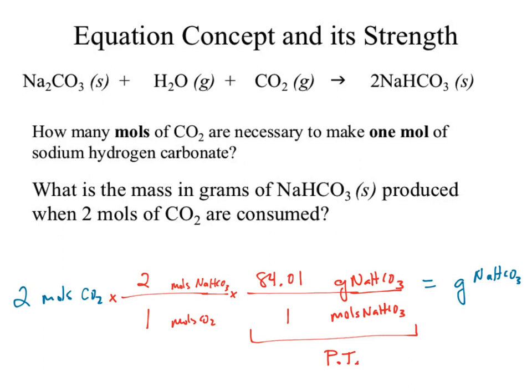Okay. What if you had tried the conversion here, moles of CO2 into grams of CO2? Well, then what has to happen in the next step? Grams of CO2 must convert into grams of sodium hydrogen carbonate.